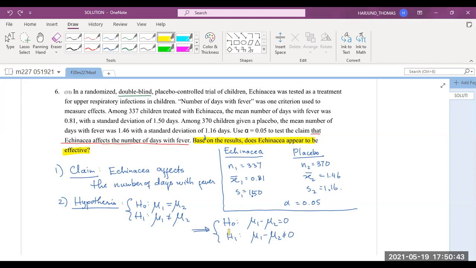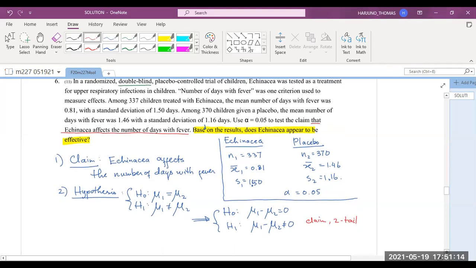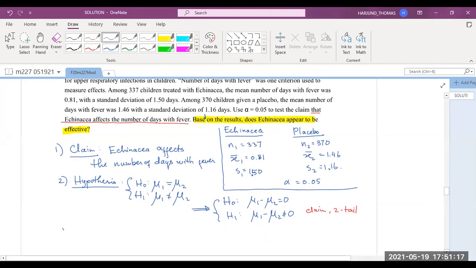The claim is two-tailed, so be very careful that your conclusion should not be whether echinacea appears to be effective or not. Your conclusion should be about the claim. So if your claim is this, then your hypothesis will be two-tailed. This is the claim, and that's two-tailed. So how do we answer the last question, Thomas? Let's see later on.